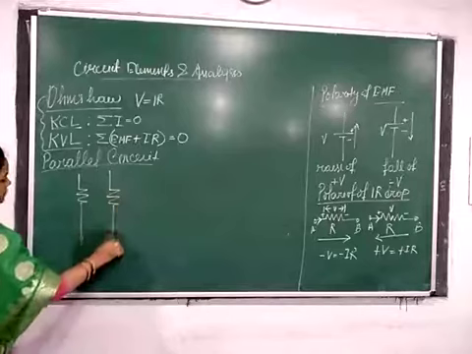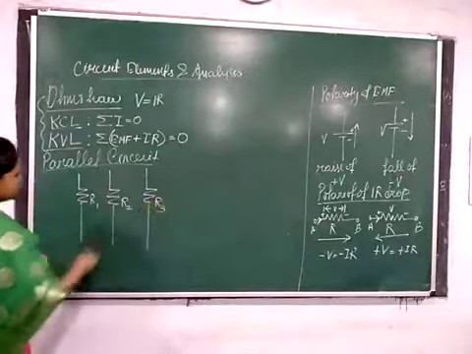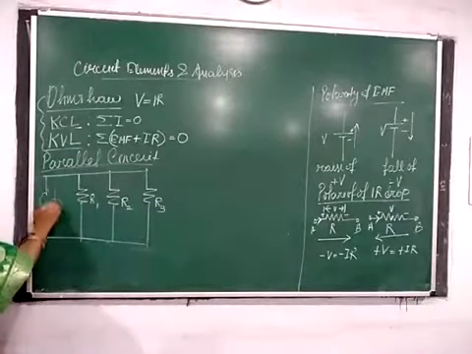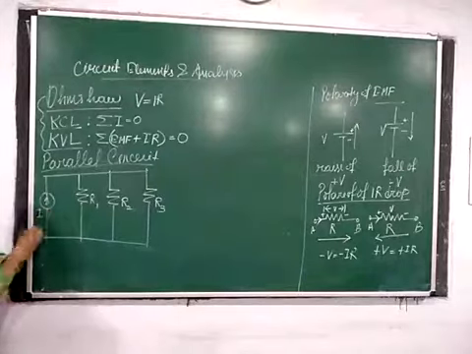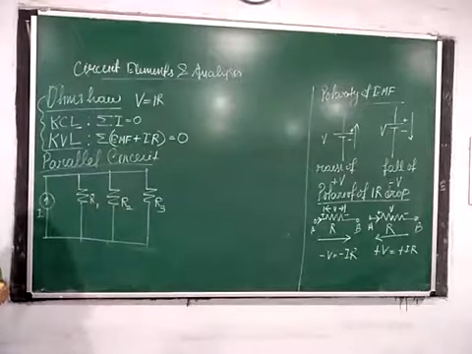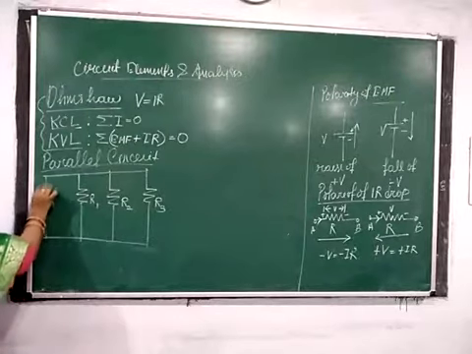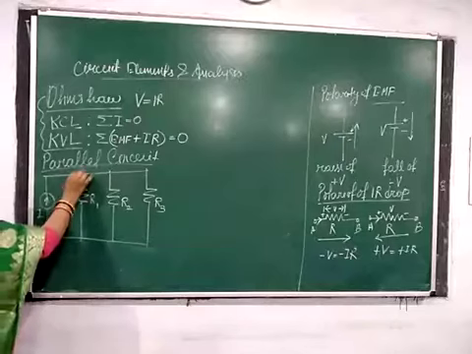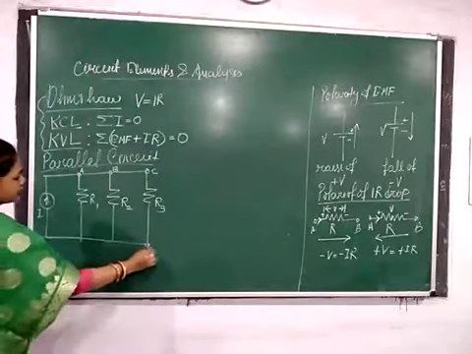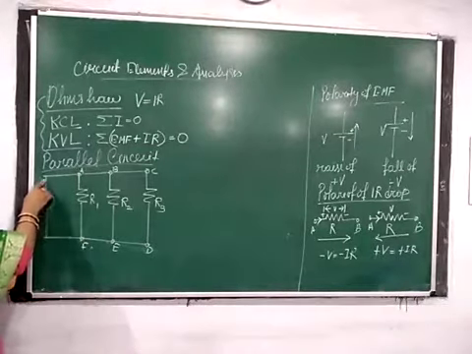You take 3 resistors R1, R2 and R3 and connect them across a current source having the magnitude of I. You know that at a node, current divides. So when this I current flows through, let this point be A, B, this is C, D, E, F. I current flows from this direction.